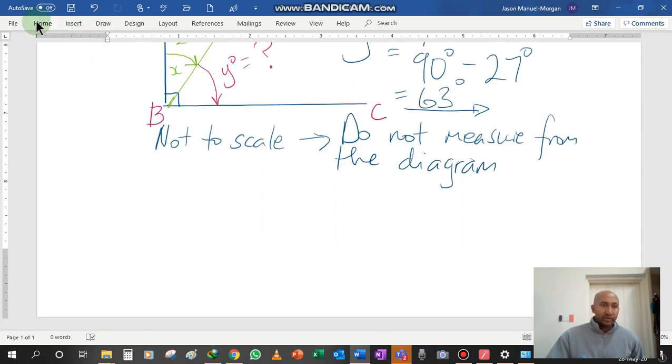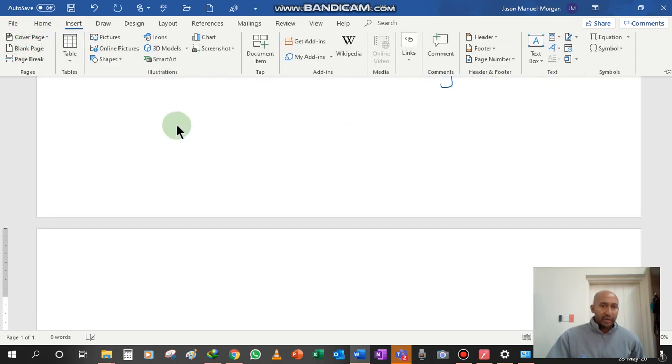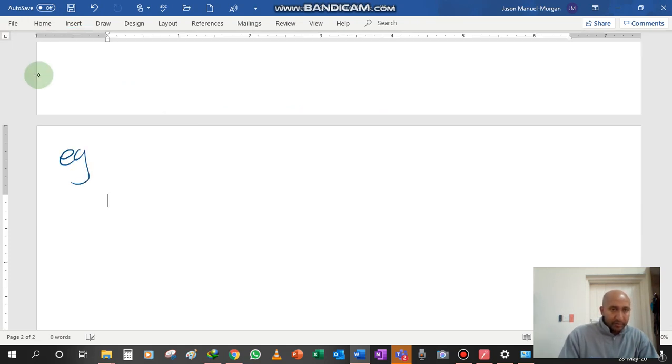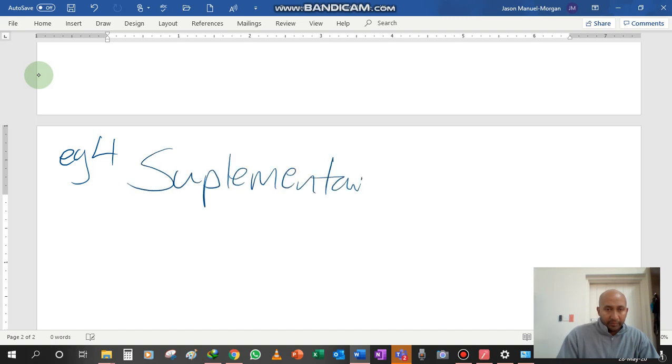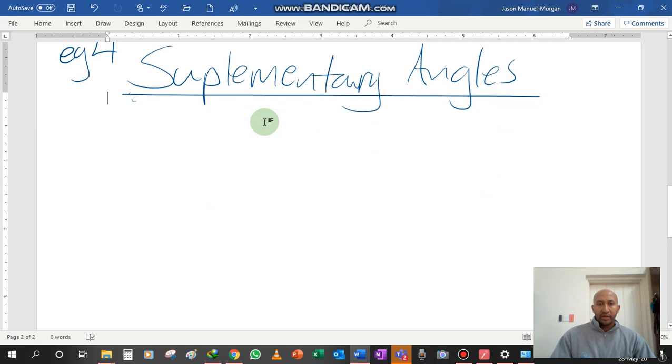The second example that we're going to be looking at, I just want to add a page, is going to be what are called supplementary angles. A supplementary angle is related to a complementary angle in the concept of how you would calculate it.